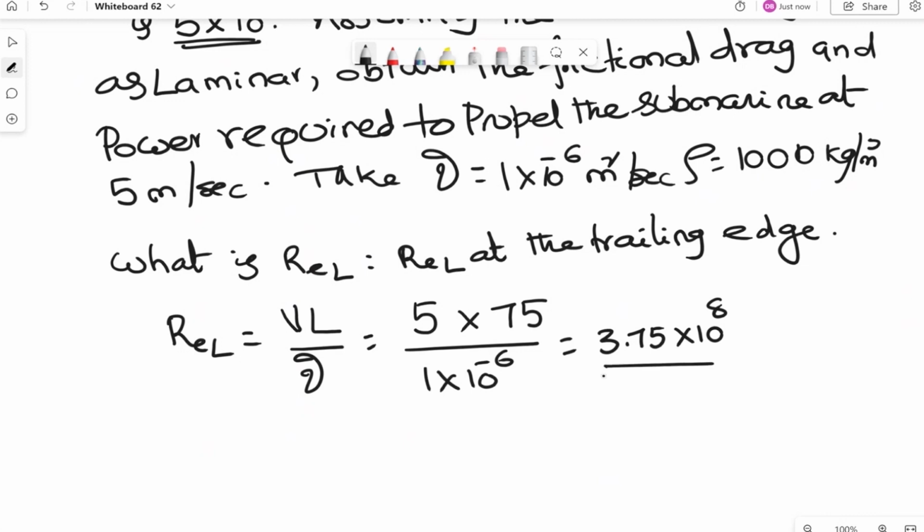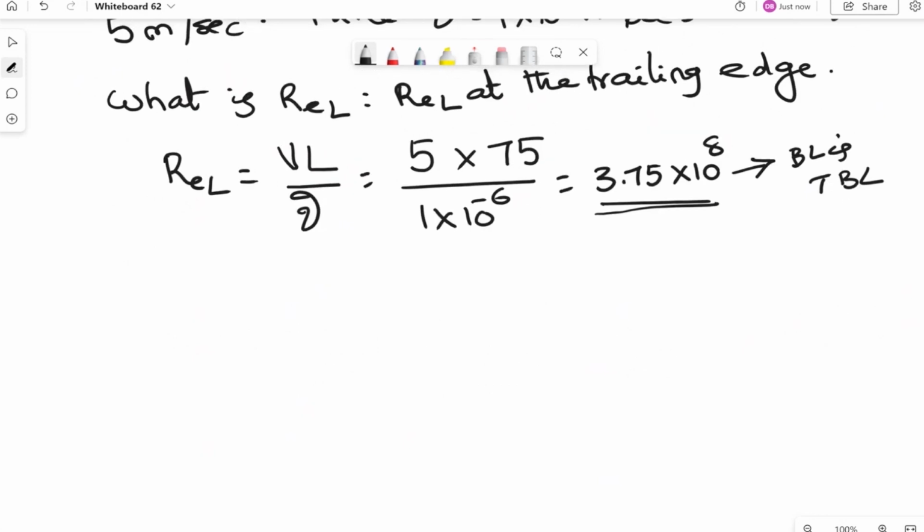That means at the trailing edge, the boundary layer is turbulent. But he mentioned that at the leading edge, the boundary layer is laminar. So the question says there is a laminar boundary layer which is converted into a turbulent boundary layer afterwards. So then how to calculate?